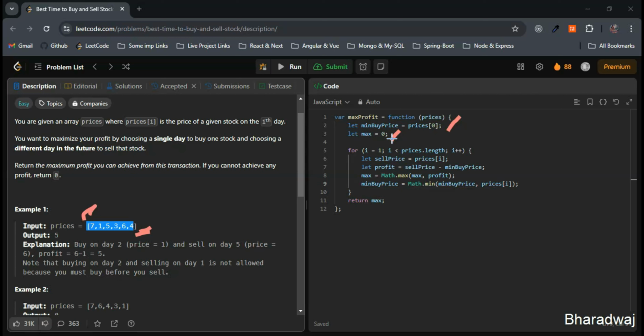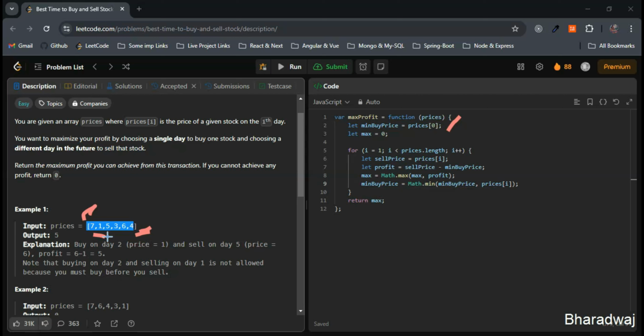We are iterating from the second element, 1 in this case. How can we calculate the profit? Profit is sell price minus buy price, so 1 minus 7 gives minus 6. Max profit is the max of 0 and minus 6, so we get max profit 0.